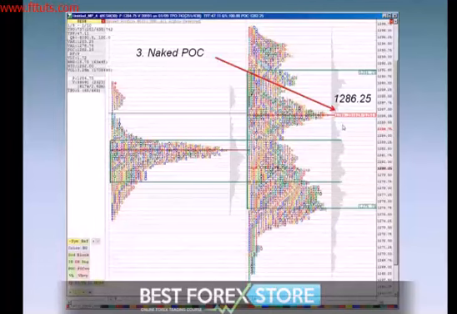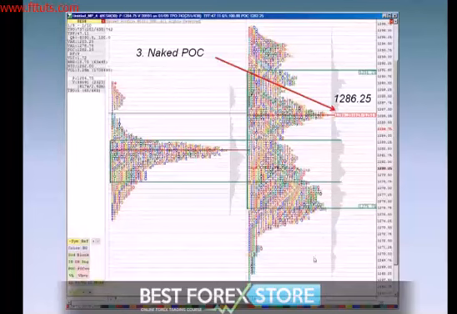The names come from the fact that no trading activity can be seen on the right side of the chart of this POC, and typically markets will love to go and test these naked POCs or the version POCs. So keep even a closer eye on these numbers on your profile charts.